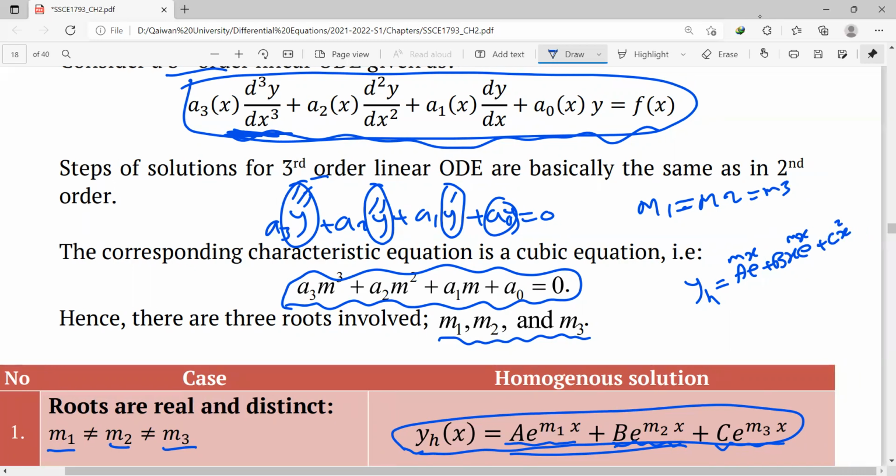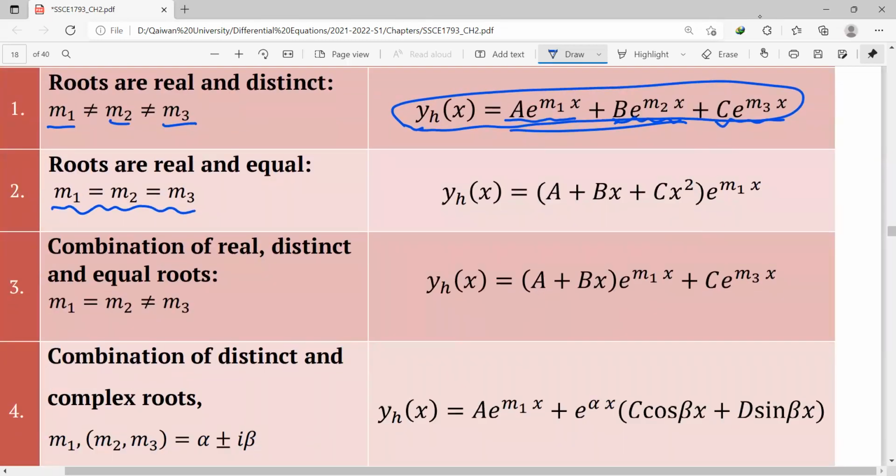Look, we just increased the power of x by 1, times e to the power mx. In this case, all roots of the characteristic equation are equal. It's written down here: if m1 equals m2 equals m3, then yh equals a e to the power m1x plus bx e to the power m1x plus cx squared e to the power m1x, taking e to the power m1x as common between the terms. This is the homogeneous solution for equal roots of the characteristic equation.